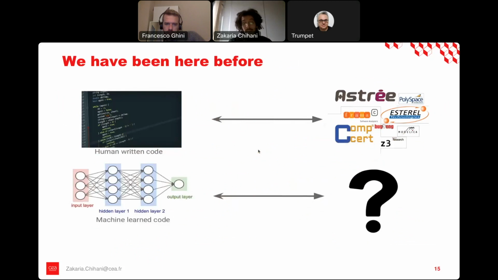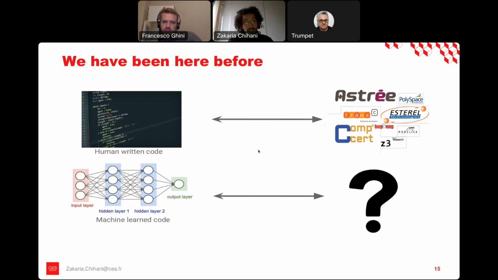But today, with the advent of AI, all these tools that we spent decades improving are targeted at human-written code, like C code, for example. When you deal with machine learning, these tools are not that well suited. So we're not completely back to square one, but we're at the moment in history where we were before.